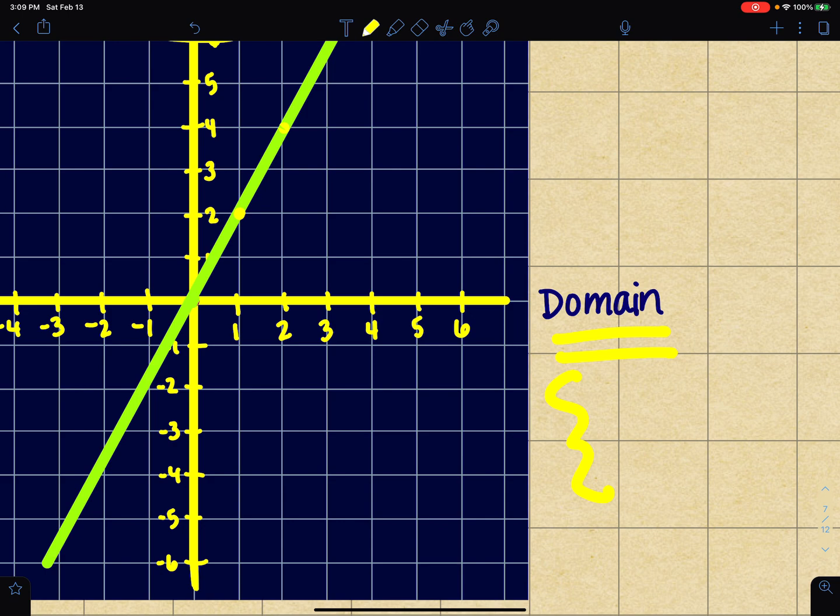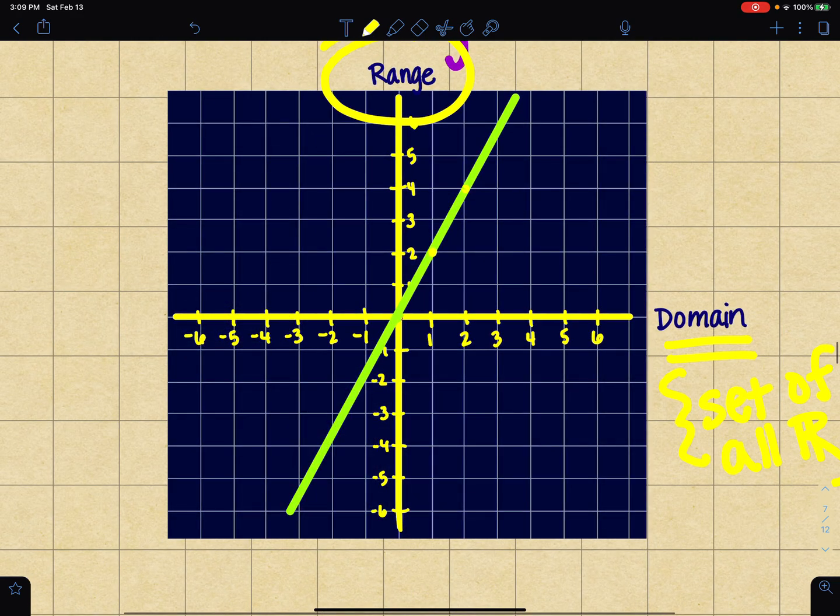So it's going to be the set of all real numbers. Okay. And then same with y. If I can put in anything for x, even like 3,000, I mean, this is like a really steep line, so it would have to go way off the page, but you'd get something, right?